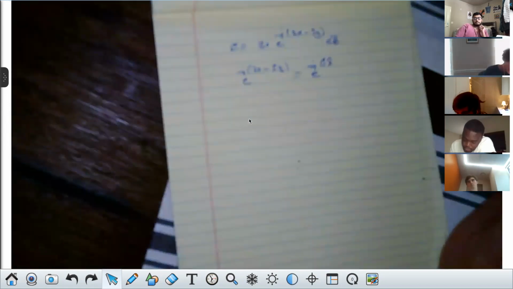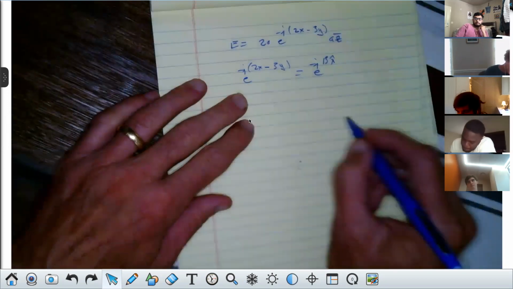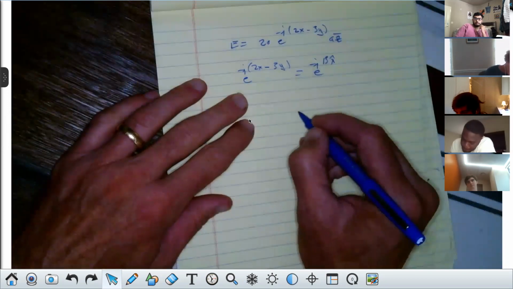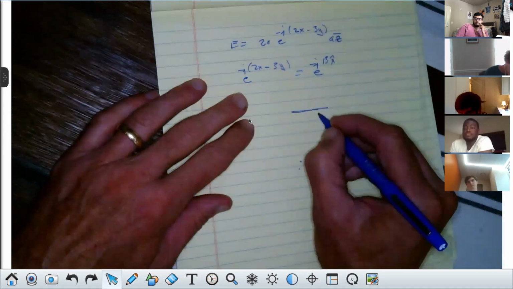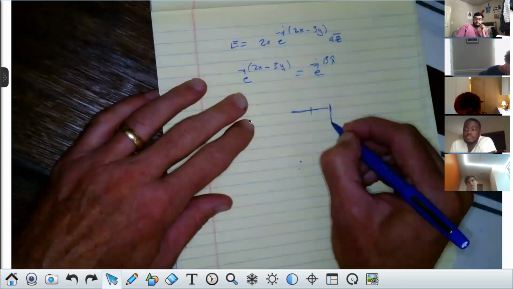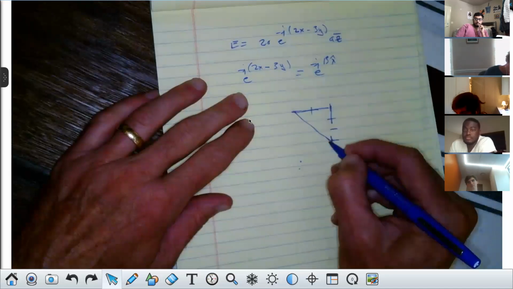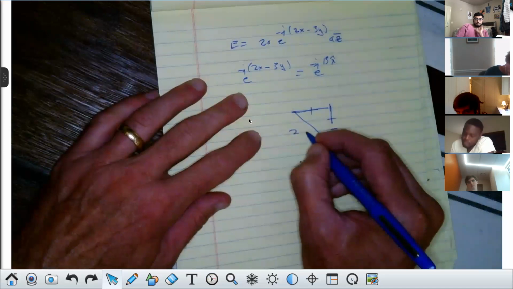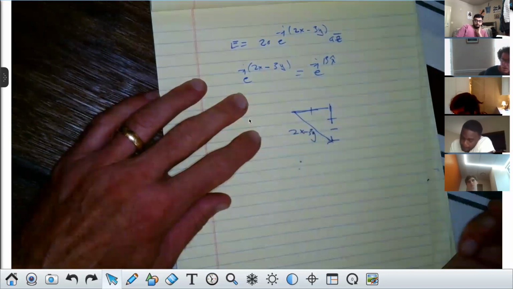Now, first, if you look at 2X minus 3Y, just based on this, if I have 2X go 2 this way, 1, 2, and minus 3Y, this would be the vector 2X minus 3Y, right? Are you with me?